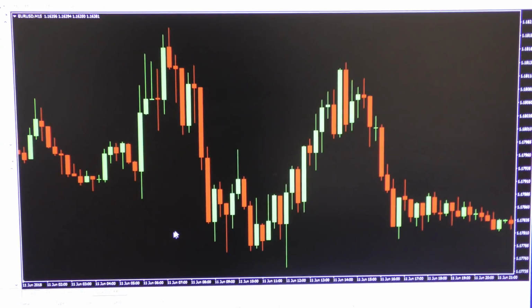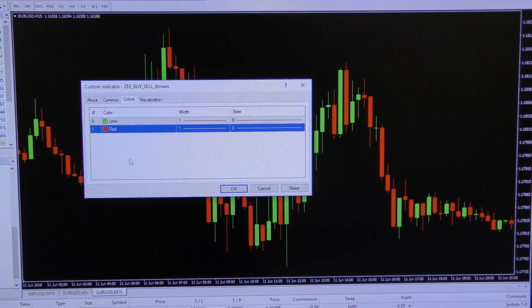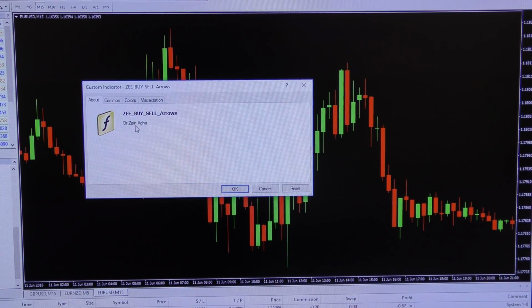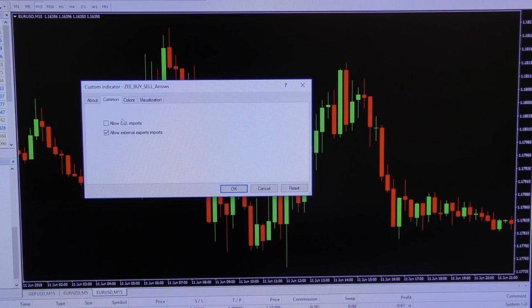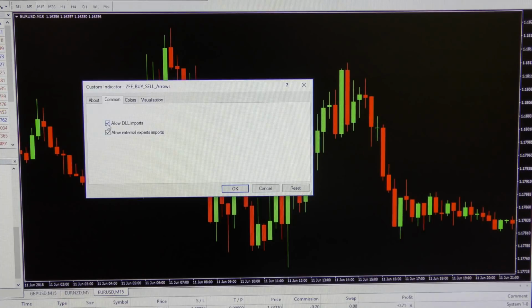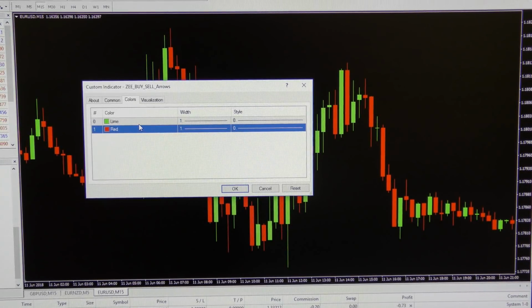This is a 15 minutes Euro USD chart, 15 minutes. And then we go here. This is my indicator. It's called ZEE, buy, sell, arrows. In the common allow DLL imports, it should always be on. And go to the colors. Now these are the colors for the arrows.